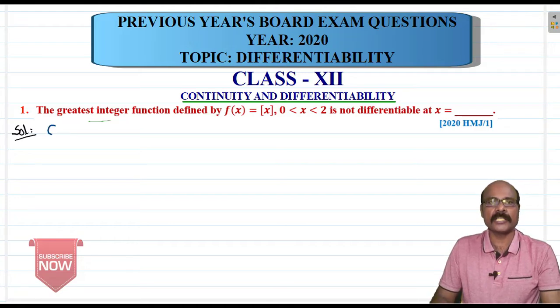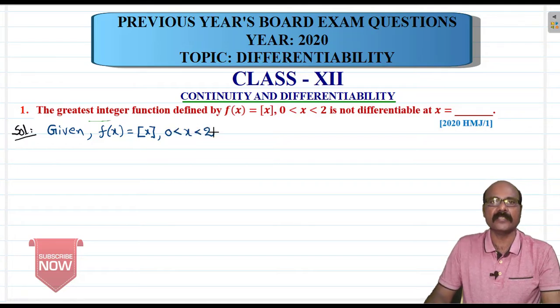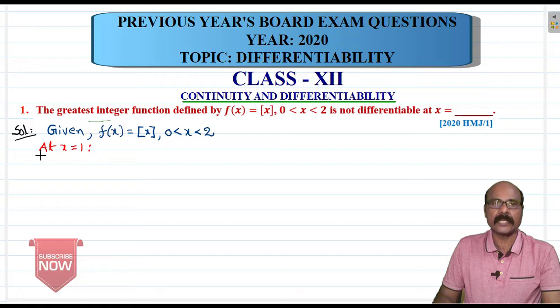So what is the given function? Given f of x is equal to the greatest integer function, where the value of x lies between 0 and 2. Now we will discuss differentiability at x is equal to 1.